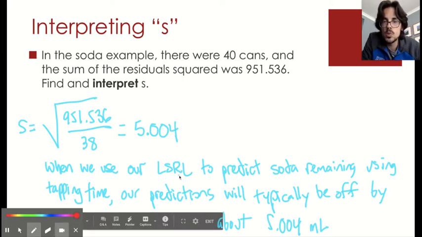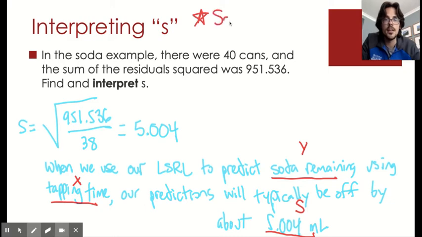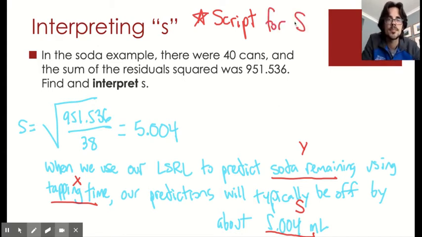So when we use our LSRL to predict Y using X, our predictions will typically be off by about, and this is S. This chapter, chapter 3, is very script heavy. When I ask you to interpret S or the slope of the least squares regression line or whatever, there are little scripts that I'm giving you that help you wrap your head around it. So this is a script for S. And I'm going to go ahead and pause and regroup to talk about our second topic, which is a little more in depth, called R squared.